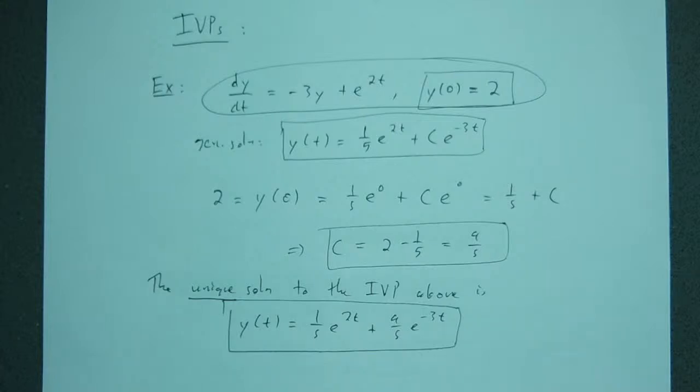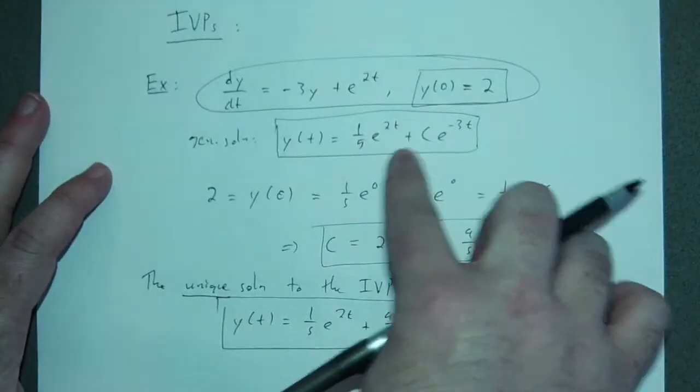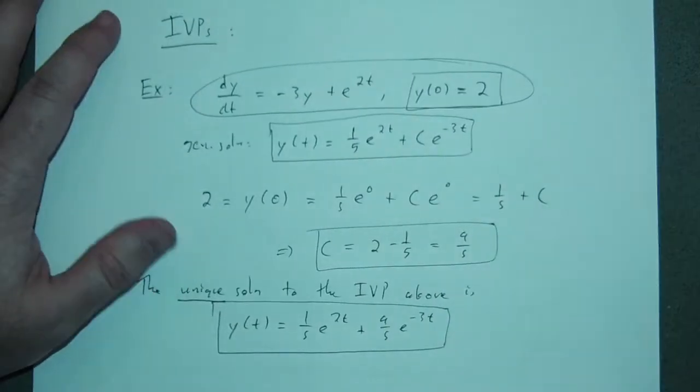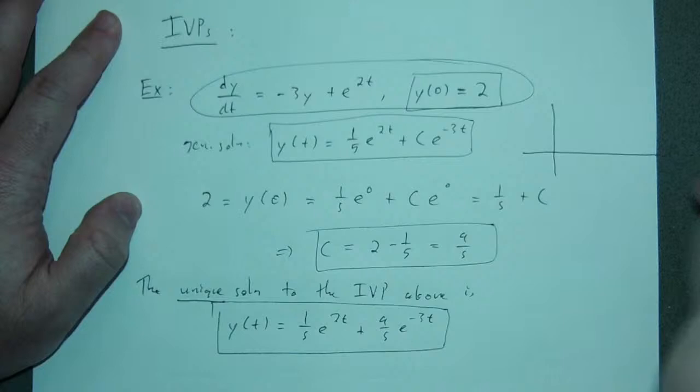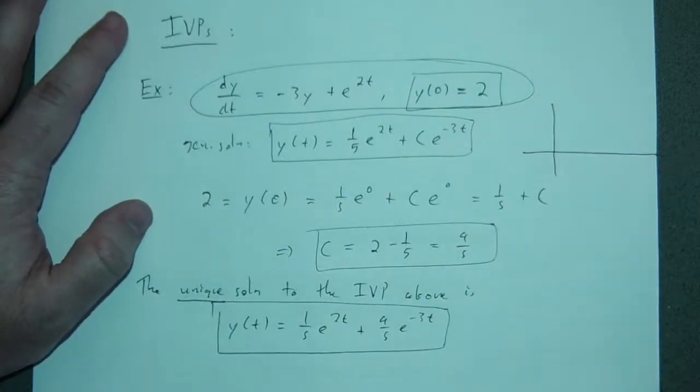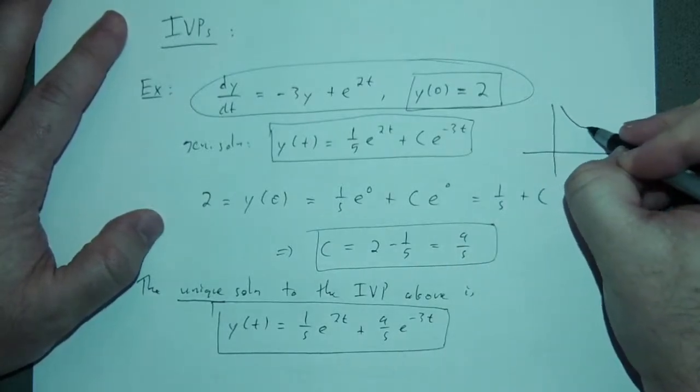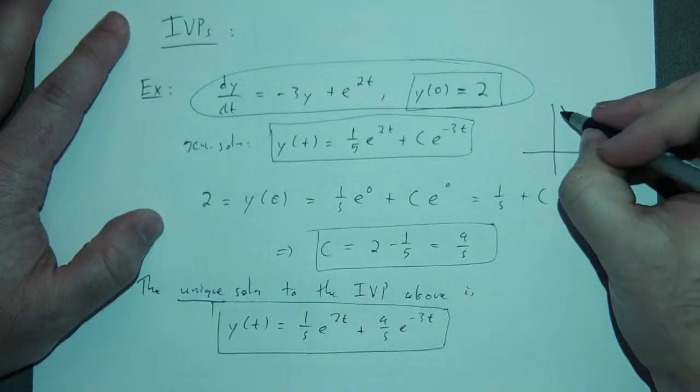Actually, before I move on, the textbook, or the notes, do a good job of showing what it is that's going on. If I were to plot a few of these, what would the picture look like? The picture would look something like this for different values of c. Maybe one value of c looks like that.